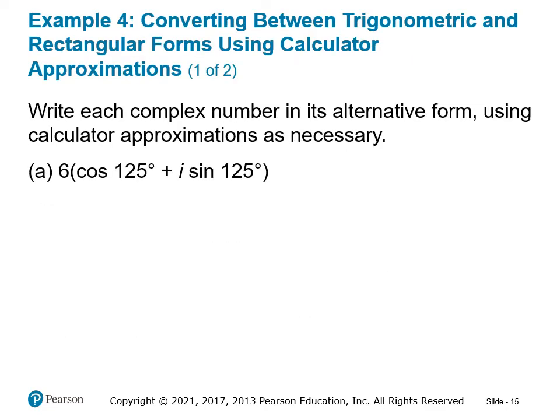Okay, let's go the other direction now. Write each complex number in its alternative form using calculator approximations as necessary. So now we're going from trig form or polar form, and we want to go back to a plus bi, or rectangular form. Okay.